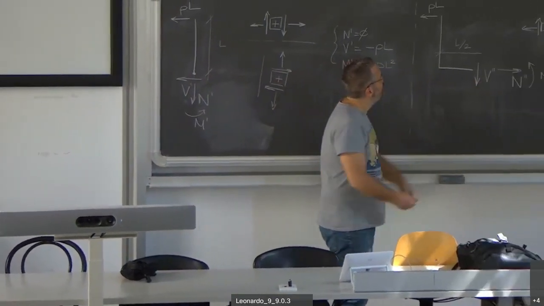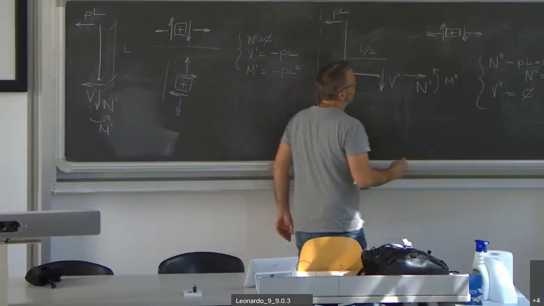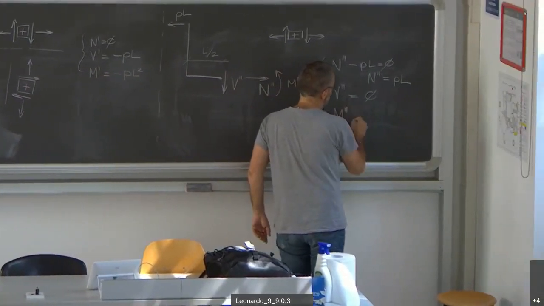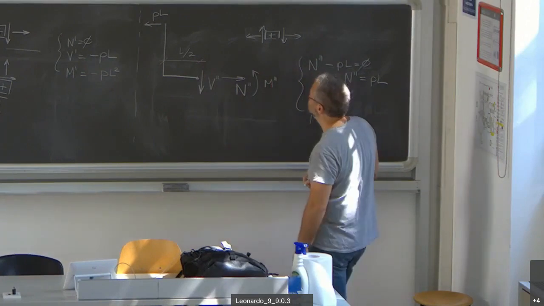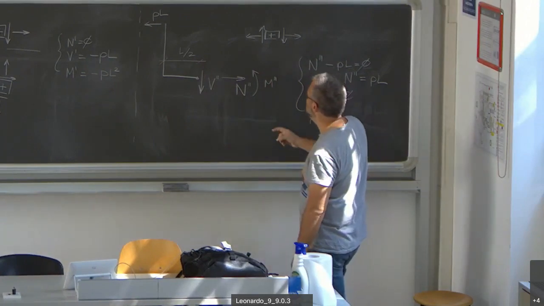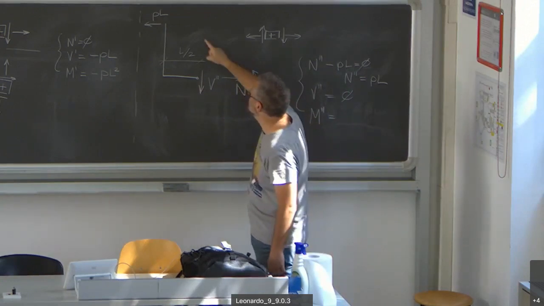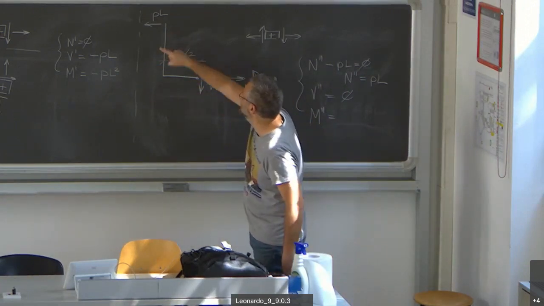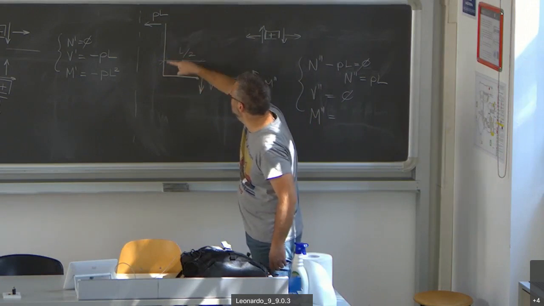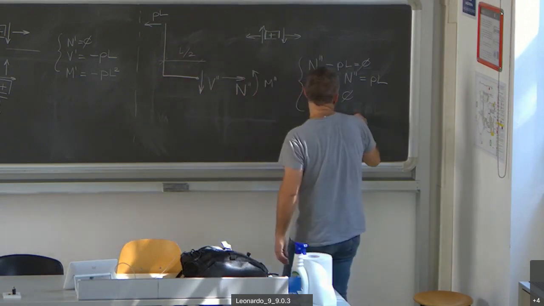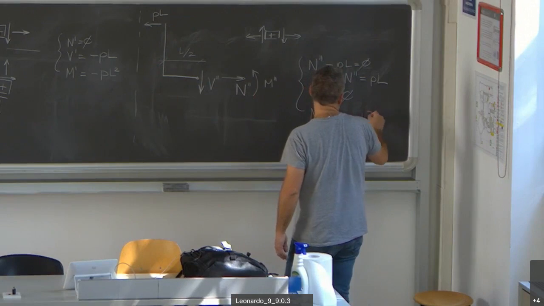What about M second? M second is equal to what? Is equal to, this is clockwise, counterclockwise, this is counterclockwise, PL times L square. So in the end, you will have minus PL square.